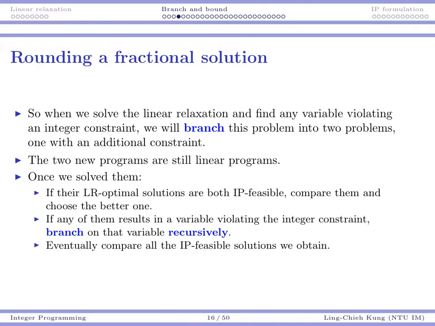Once we solve a linear program, if the LR optimal solution is IP feasible, then it becomes a candidate. Later we will compare all those candidates and choose the best one. Or if any of them results in a variable violating the integer constraint, we will recursively branch on that variable, and so on until we can solve all the relaxations.